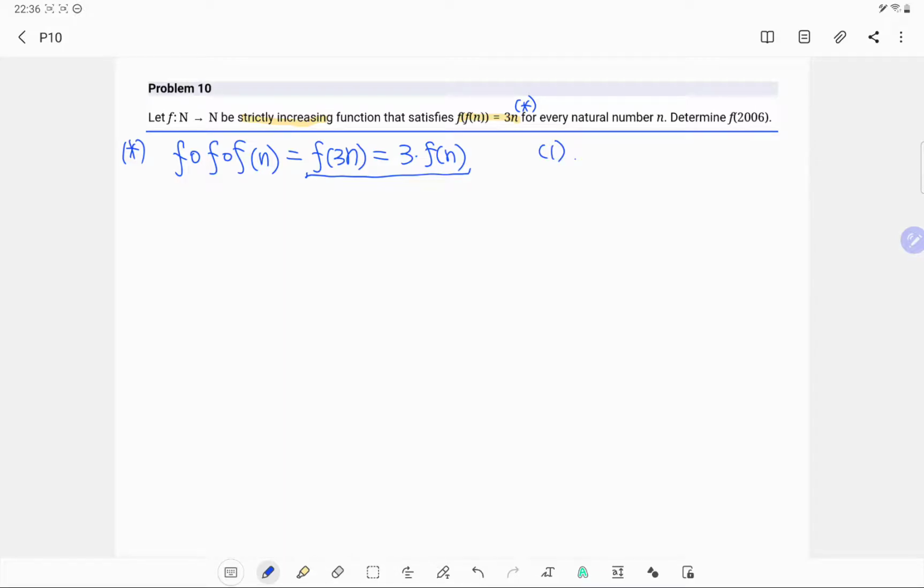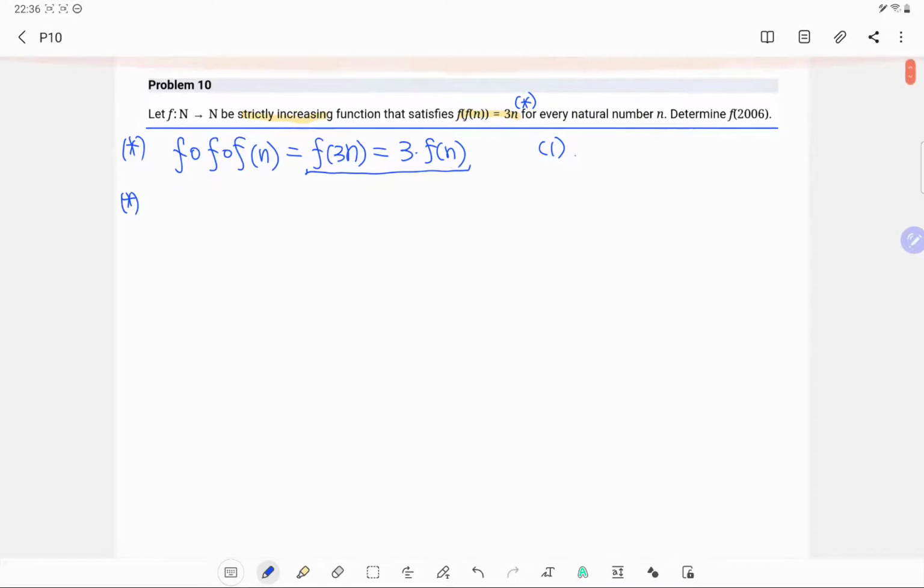From the original equation, we may try some initial values so that we can come up with some idea how to find the general solution for different numbers.